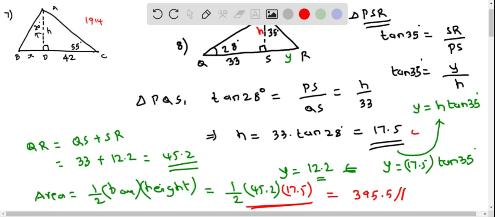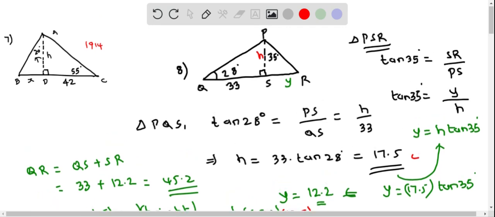So this is the area of the triangle given in question number 8, that is 395.5. So we have found the area of these two triangles.